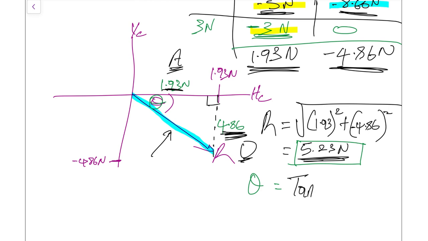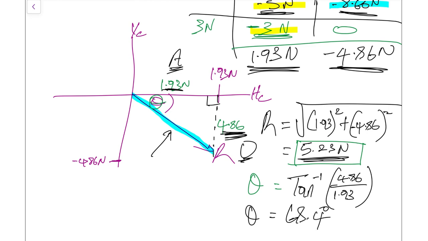So what we'll do to find the angle is tan inverse of opposite, which is our 4.86, divided by adjacent, 1.93. And it turns out that our angle is, pop that in the calculator, 68.4 degrees.